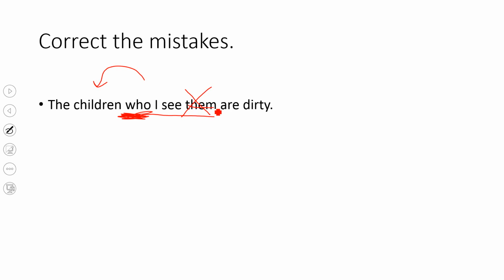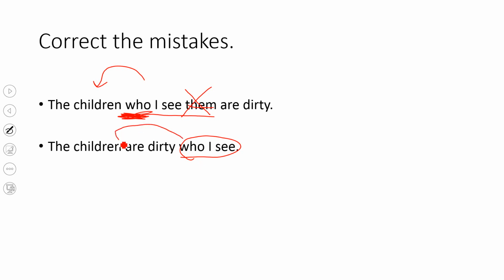Let's look at another sentence. The children are dirty who I see. In this situation, who I see is describing the children. The adjective clause needs to go right behind the noun that it's describing.